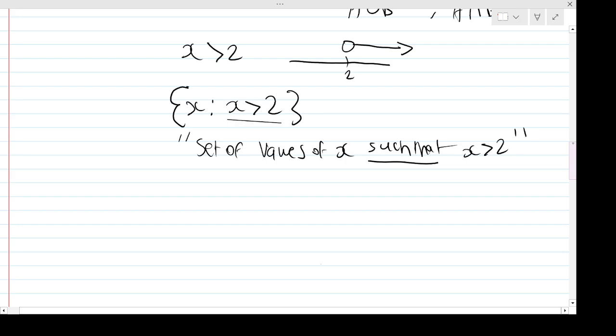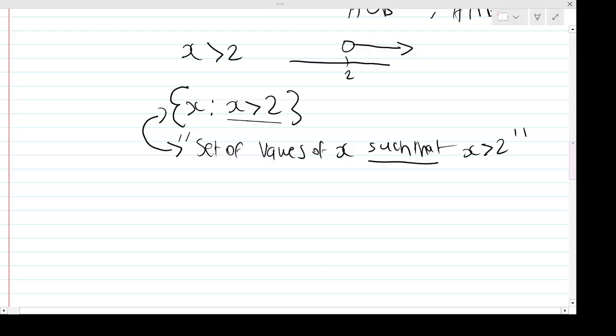So all you need to know is we can describe in English this sentence, the set of values of x such that x greater than 2, and we can convert that into this notation here. So a curly bracket, x, colon, x greater than 2.